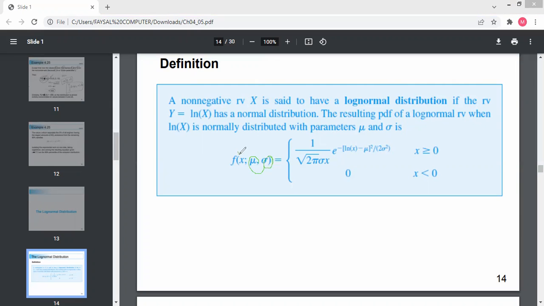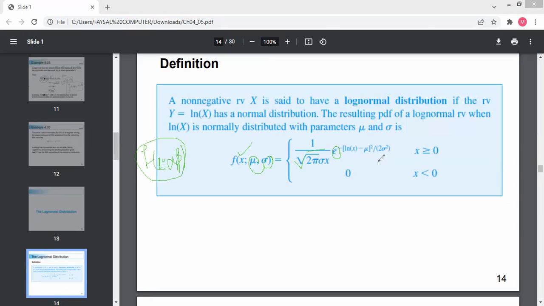So now there are two things. In the Weibull distribution, there is f of x with alpha and beta. Now there is mu and sigma. So it will be 1 upon the square root of 2 pi sigma x into e to the negative of ln x minus mu, whole square, divided by 2 sigma square.